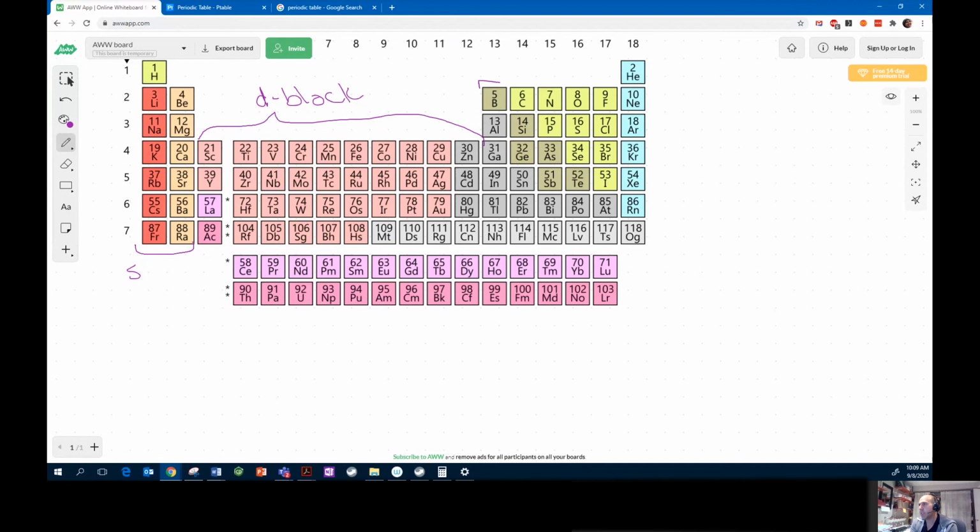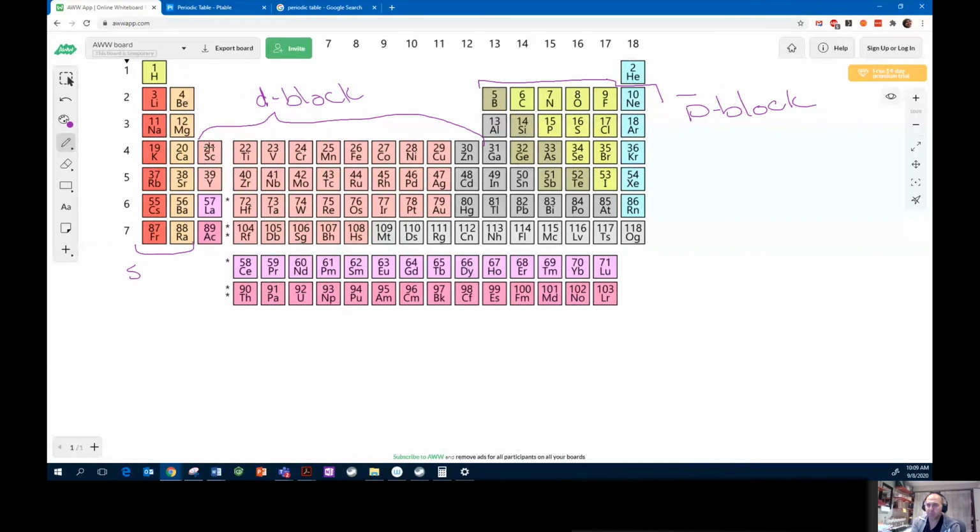And then this block here, not including helium, these are the P block. And when we get to the P block, it becomes much easier, because in group 13, these are all p1, p2, p3, p4, p5, and p6.